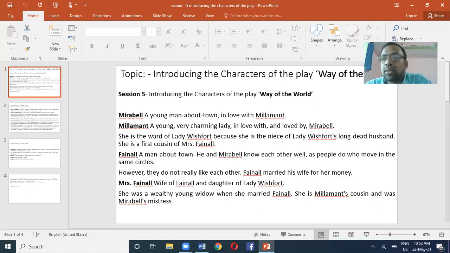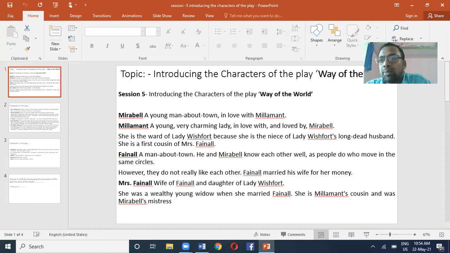Therefore, to understand Way of the World, the play by William Congreve, in this session we will try to understand both the major and minor characters and the relationship and the background. Then it will be helpful for us to understand the plot. If you straight away go to the plot, immediately there will be confusion of characters and relations, and that misleads us in understanding the plot and story.